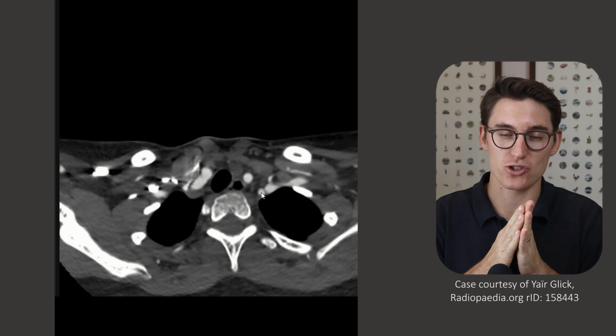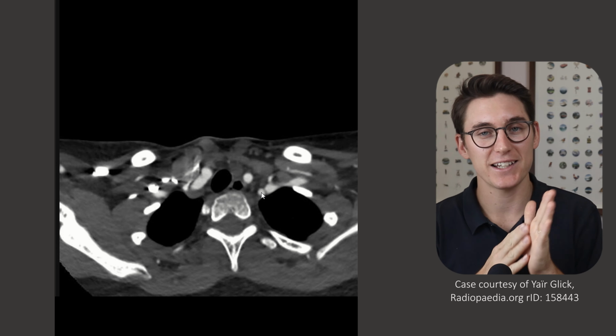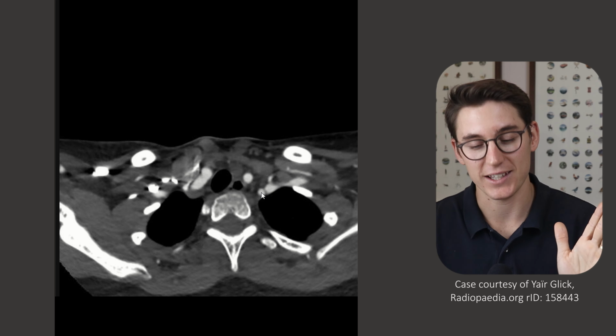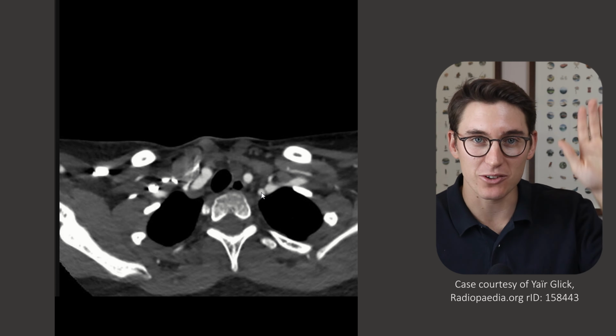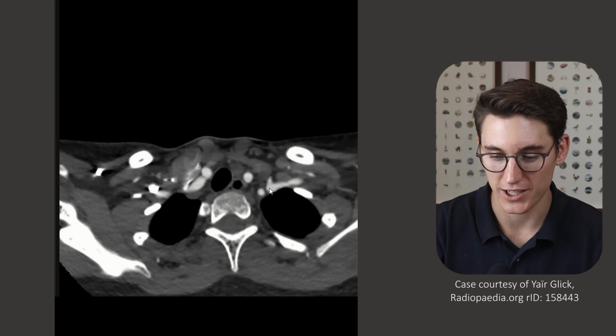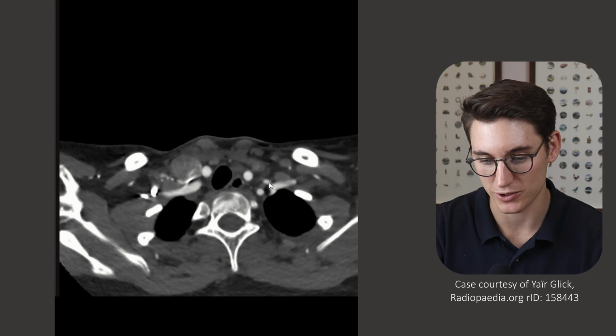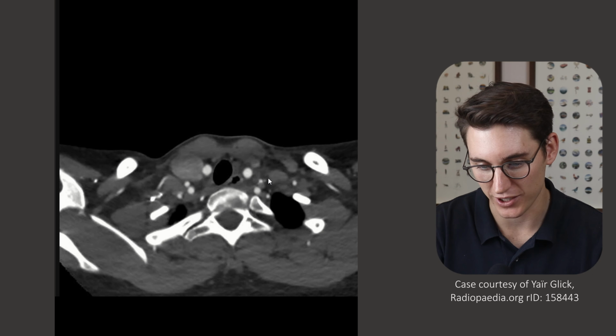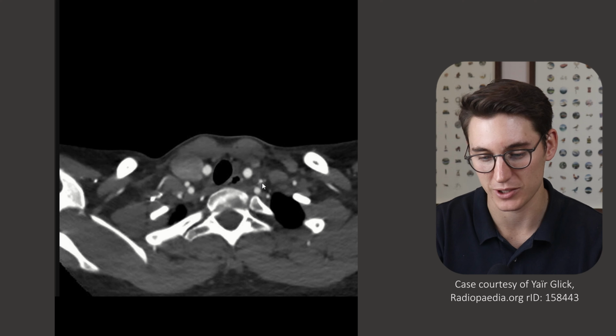Now our thyrocervical trunk gives off lateral branches, and it gives off those medial branches, the ascending cervical and the inferior thyroid artery. So let's go superiorly and see those medial branches. Here we've got our very small ascending cervical artery laterally, and our inferior thyroid artery medially.